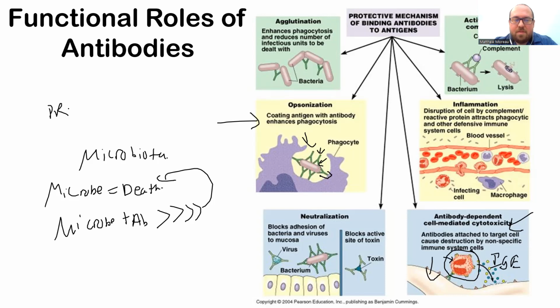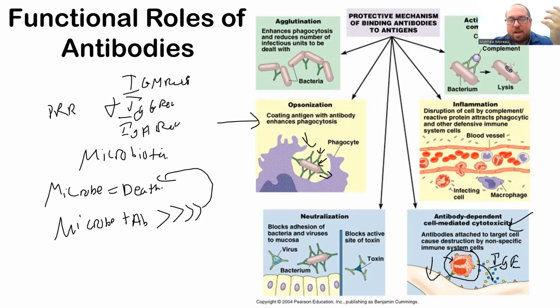So they're going to have the pattern recognition receptors and IgG receptor, IgA receptor, and IgM receptor, right? So we're still going to have both general and specific enhancement of phagocytosis. So opsonization is a really important function of antibodies.